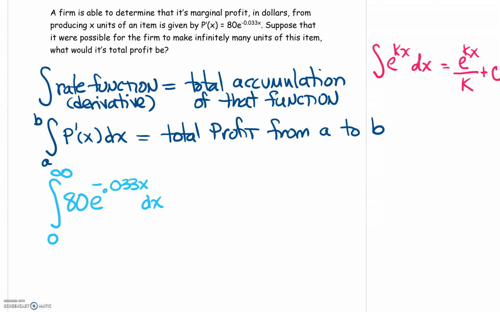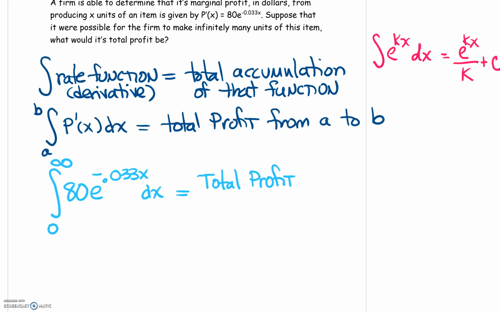So when we integrate this function, we're going to get the total profit for producing infinitely many units. Okay, so that's our goal. This is called an improper integral because it has a bound that is infinity, and so it's going to take some little calculus tricks to evaluate this.